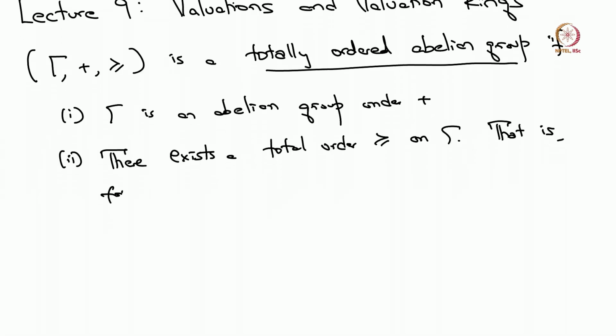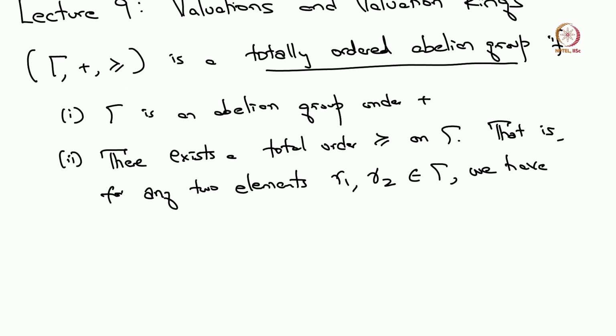If you give me any two elements, say gamma 1 and gamma 2 of this group gamma, then we can compare them. Either gamma 1 is larger than or equal to gamma 2 or gamma 2 is larger than or equal to gamma 1.